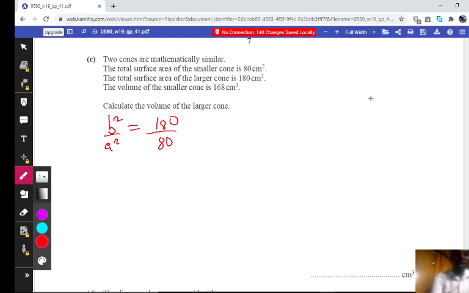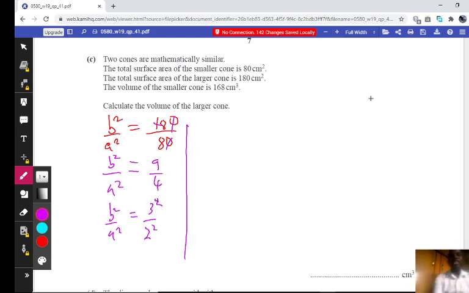You can simplify this and you get 9 over 4. So b squared over a squared is equal to 3 squared over 2 squared, which means the ratio of the sides is 3:2.